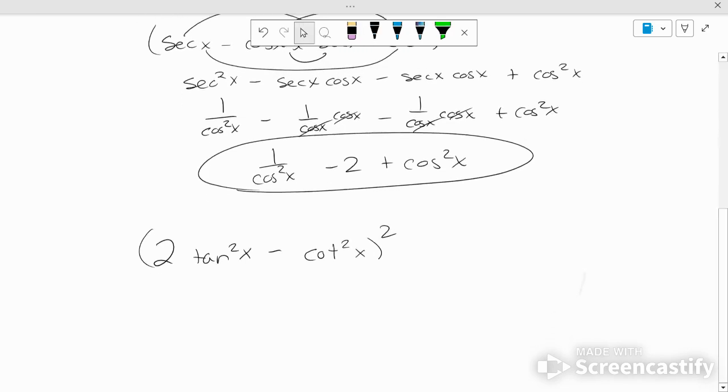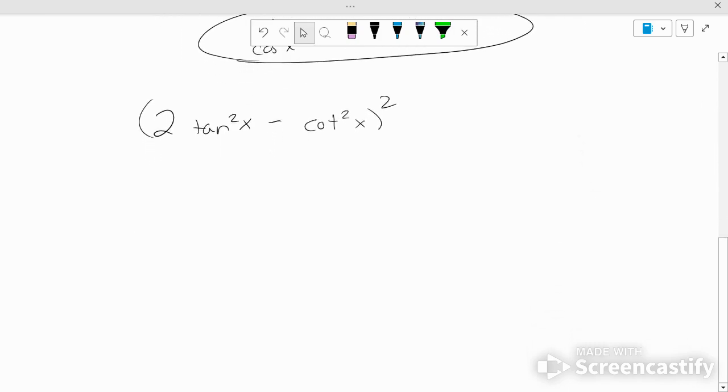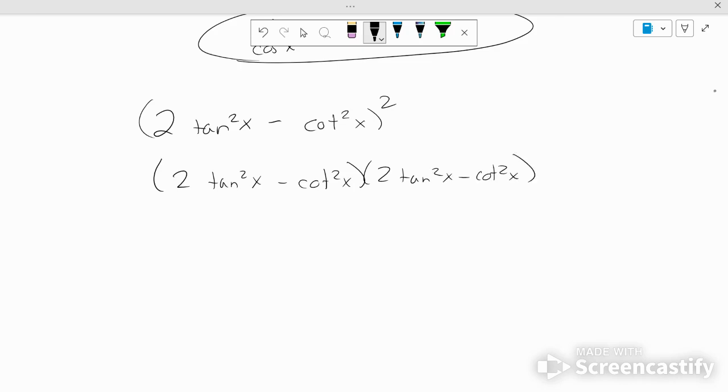All right. 2 tangent squared of x minus cotangent squared of x, squared. So it's 2 tangent squared of x minus cotangent squared of x times 2 tangent squared of x minus cotangent squared of x, which is 4 tangent squared of x.